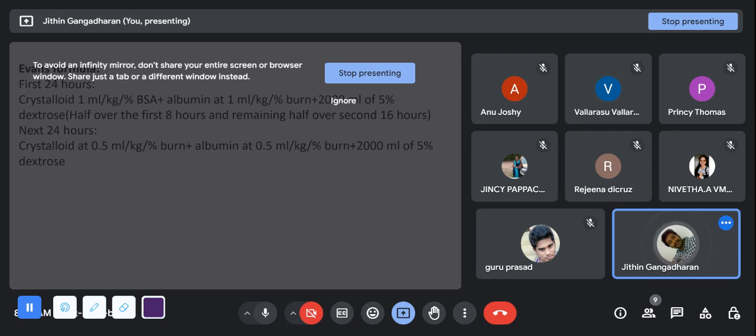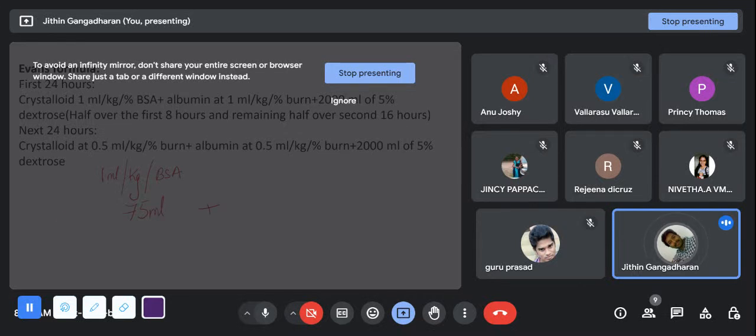Kindly note, 1 ml of crystalloid per kg per percentage of the body surface area affected. If the patient weighs 75 kg, then it will be 75 ml of crystalloids for this TBSA.